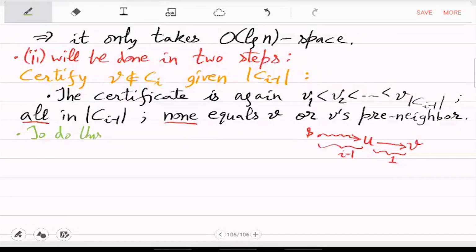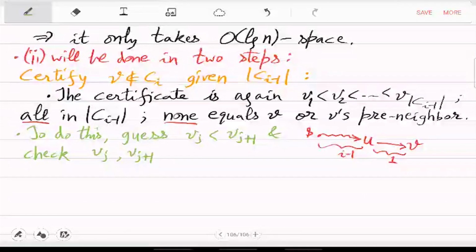To do this, guess Vj and Vj plus 1 again, like before, and check that they are in Ci minus 1.